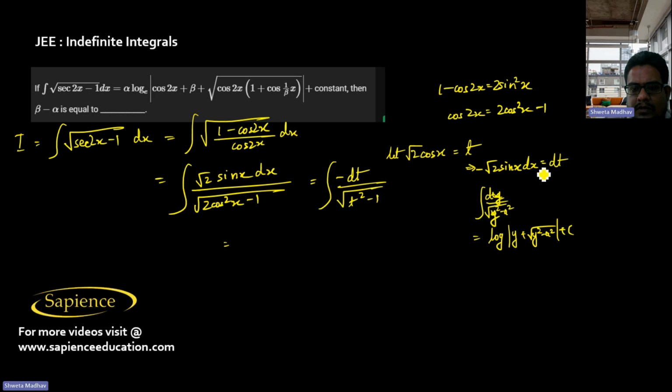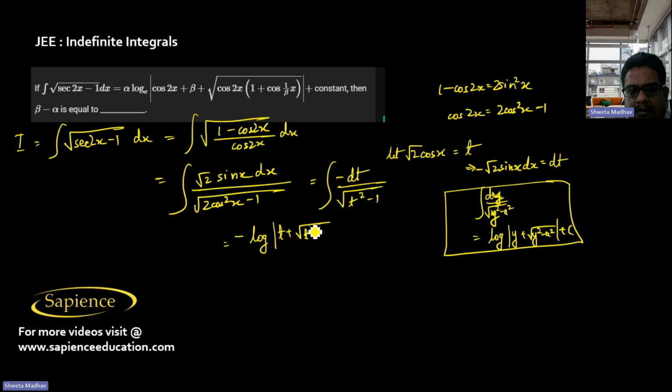So this formula we have to use here. So this is minus of log mod t plus root over t square minus 1 plus c.